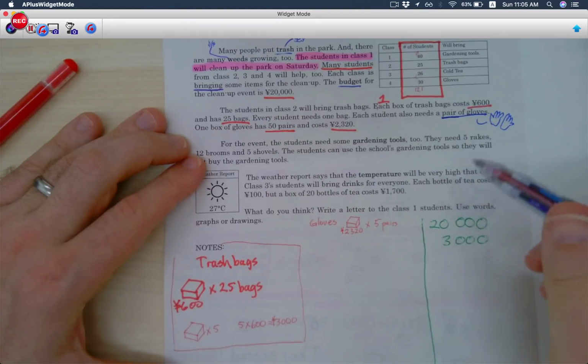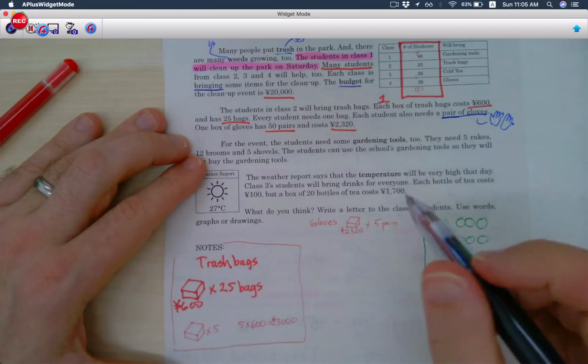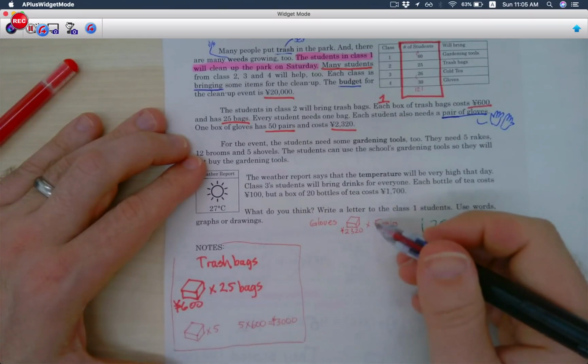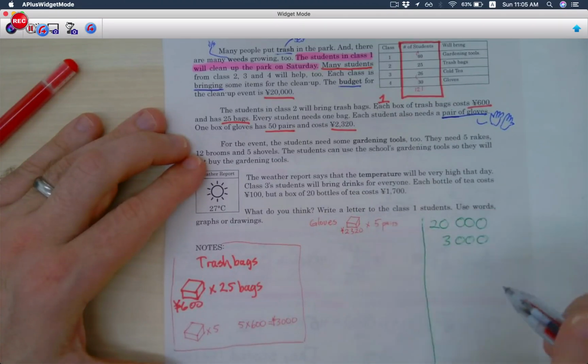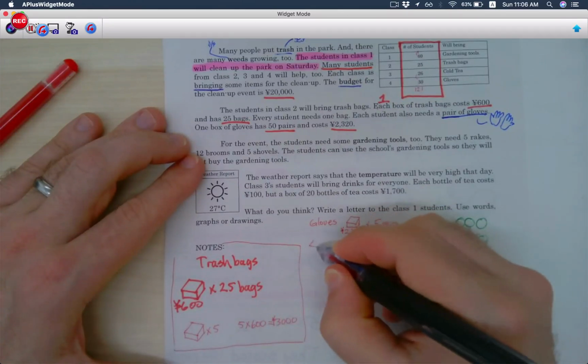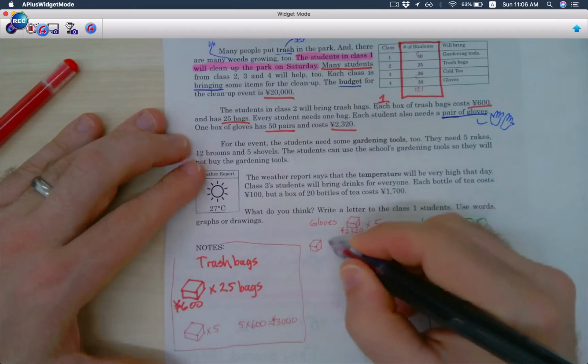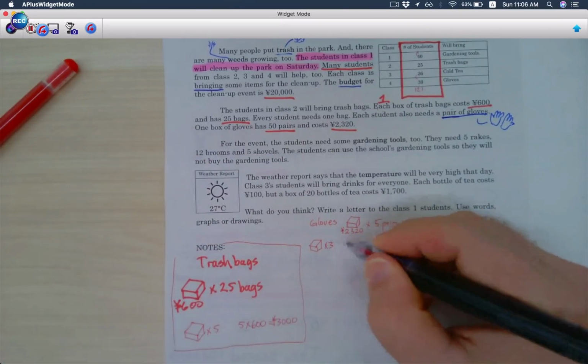So if I'm going to buy these, I have to spend money for at least 3 boxes, because 2 boxes is 100. That's not enough. So that means I'm going to do 3 boxes.